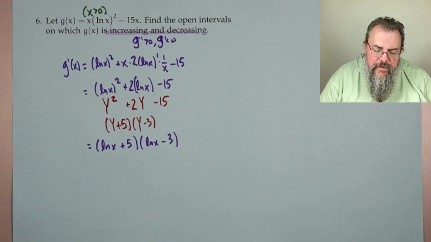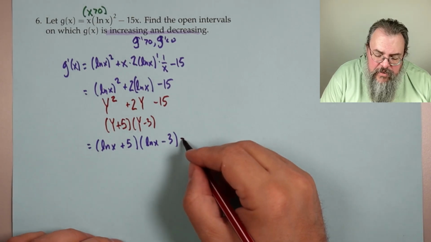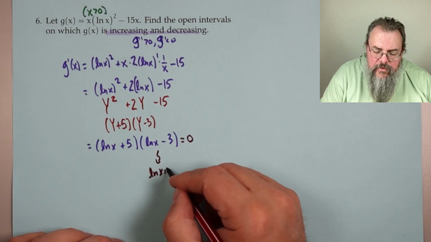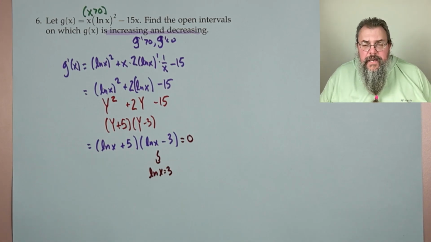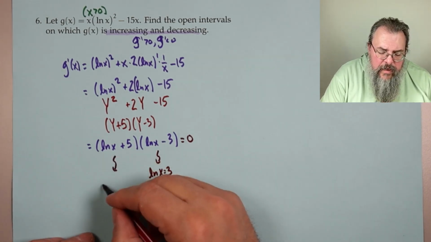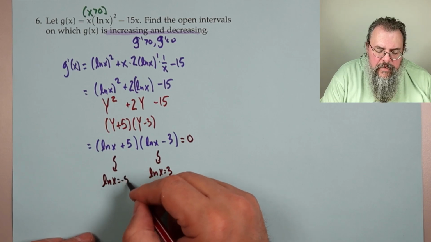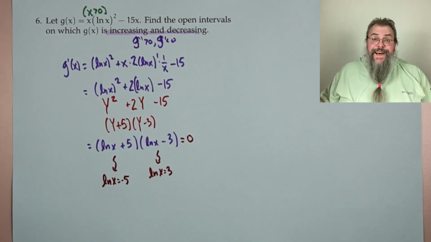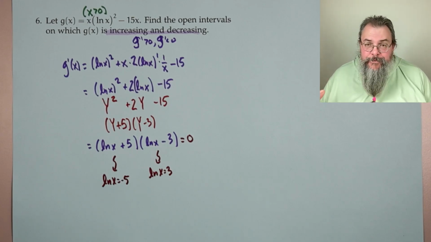No undefinedness. If we set this equal to 0, well, this would say log of x equals 3. And okay, that seems reasonable. But what about this one? Log of x equals negative 5. Are you allowed to have a negative output from log? Yes, that's perfectly fine.